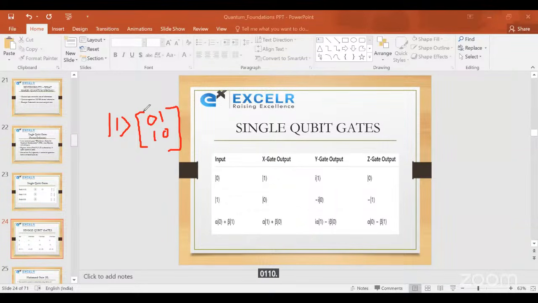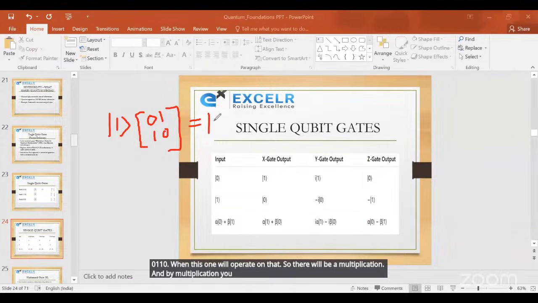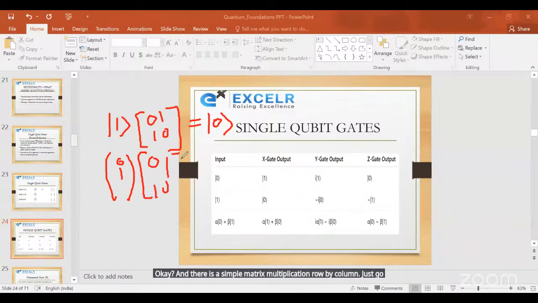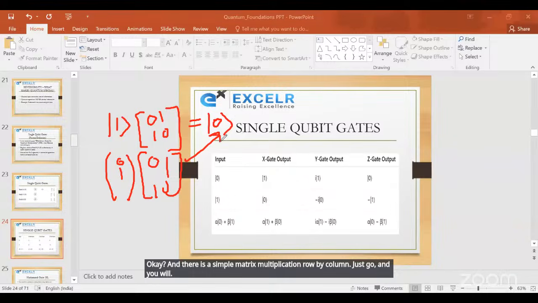When this operates on ket 1, there will be a multiplication, and by multiplication it comes out to be ket 0. Why? Because ket 1 is the matrix 0, 1, and it is a simple matrix multiplication, row by column.